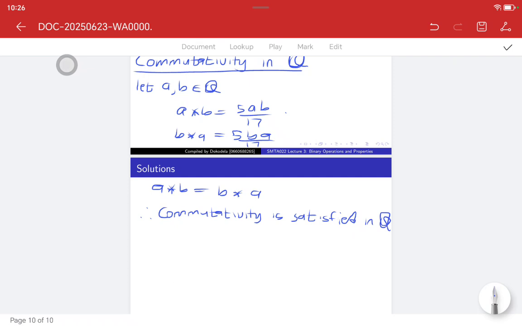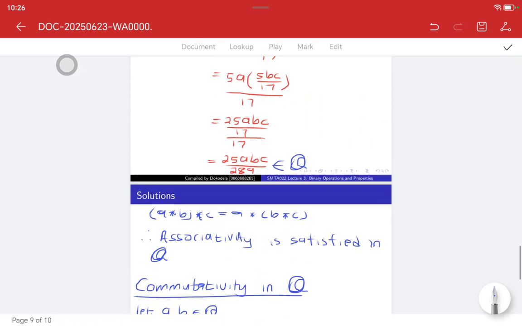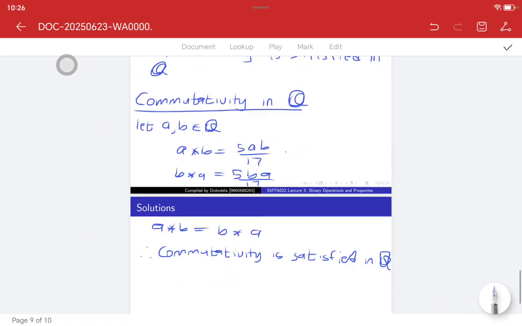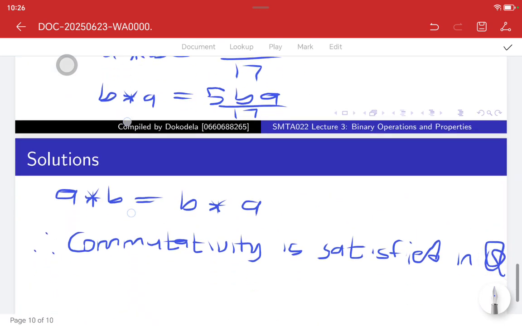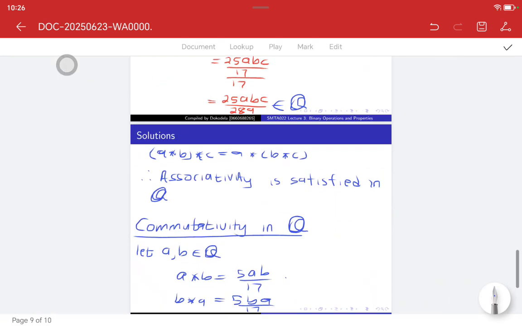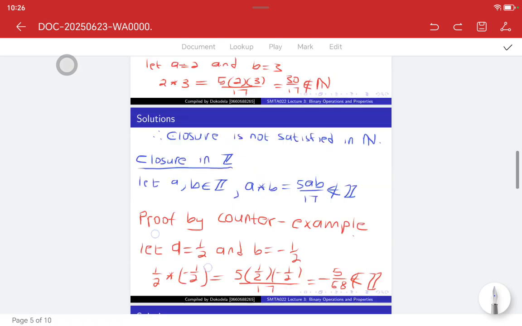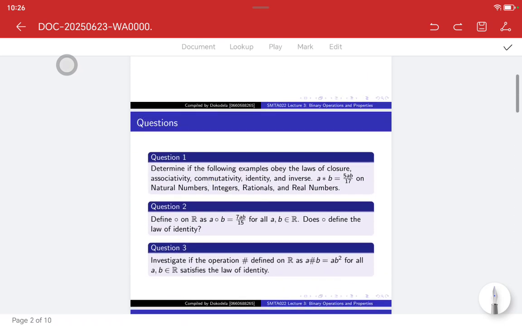Remember, after doing commutativity, now we can check identity. I'm sure we agree with that. Because commutativity is satisfied and associativity is satisfied, now we can check identity. Let me check, I think that's what we are told to check there on the question. Yeah, after commutativity, we must check identity.